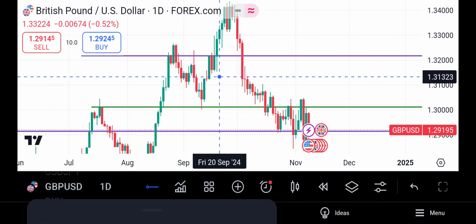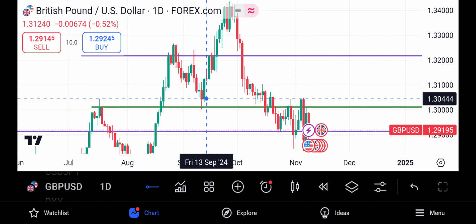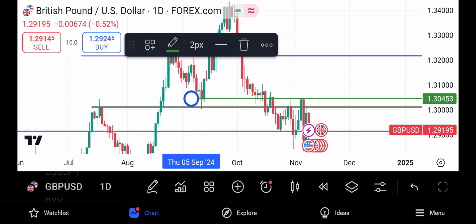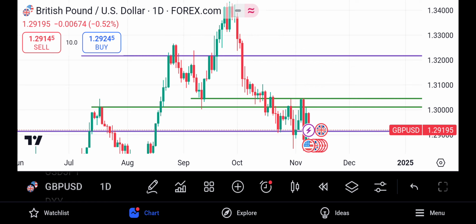let me use this to highlight my point, because on the daily time frame here is also a level, because the market picked up from this particular level. So this particular level is the neckline of this M pattern.